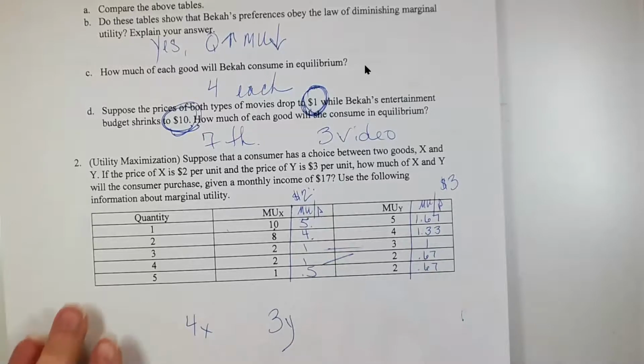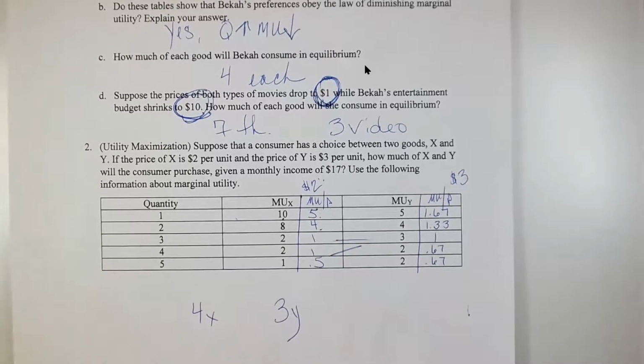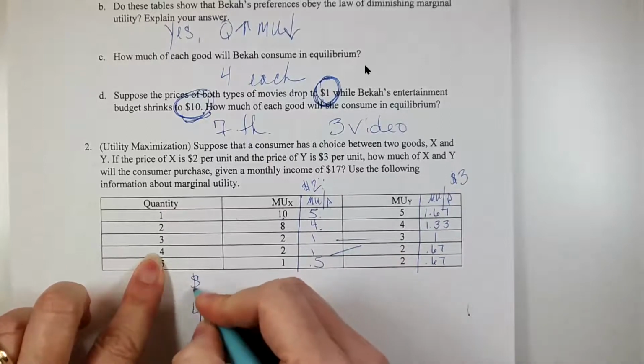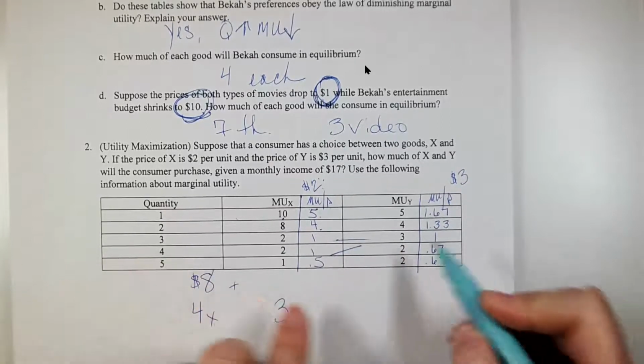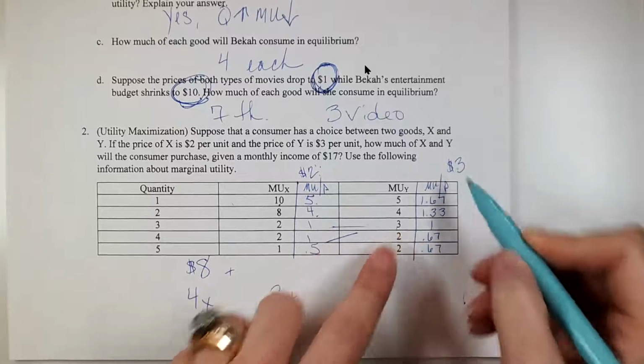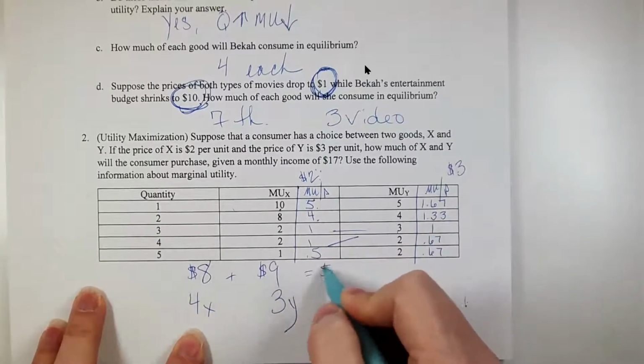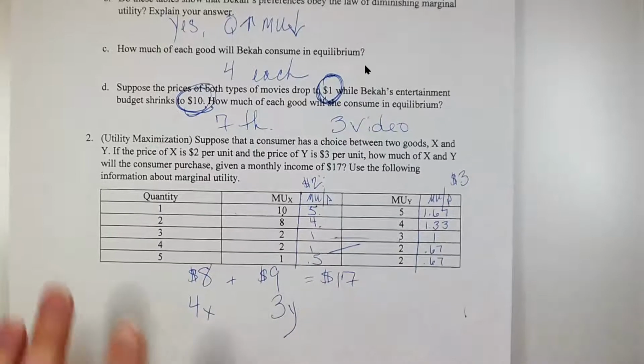So 4 of good X, 3 of good Y. Any questions? 4 of good X, 4 times 2 would be $8. 3 of Y, 3 times 3 is $9. That's our $17.